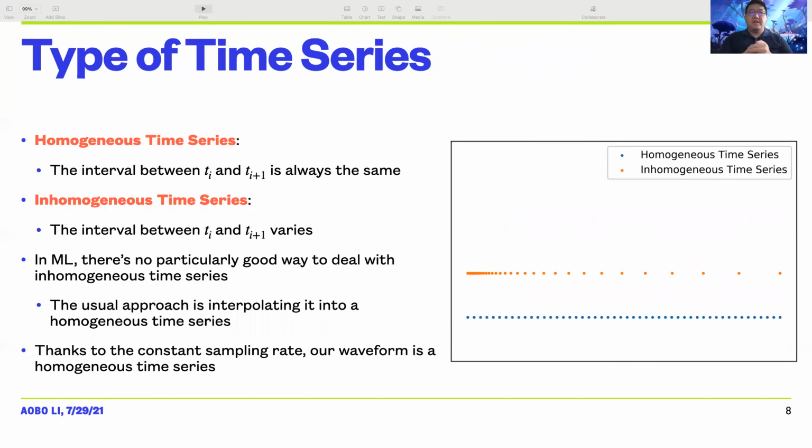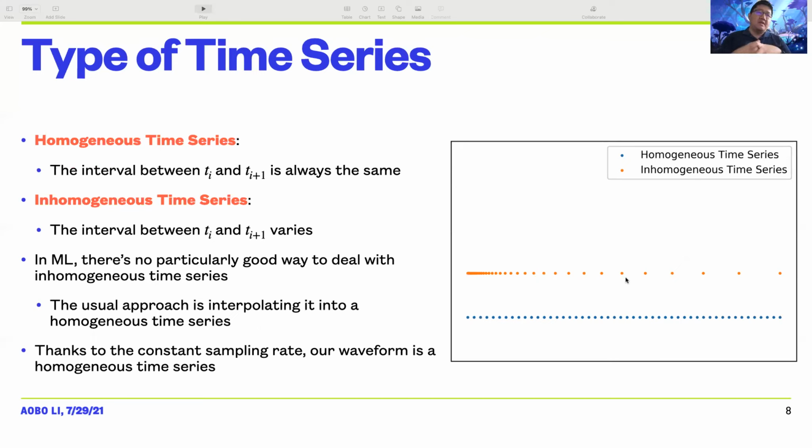Okay, so there are two types of time series. The first type is called homogeneous time series, where the interval between t_i and t_i+1 is always constant. Here on the bottom, the blue dots show a homogeneous time series. There is also another type called inhomogeneous time series, where the interval between t_i and t_i+1 varies, so they are not always the same interval.